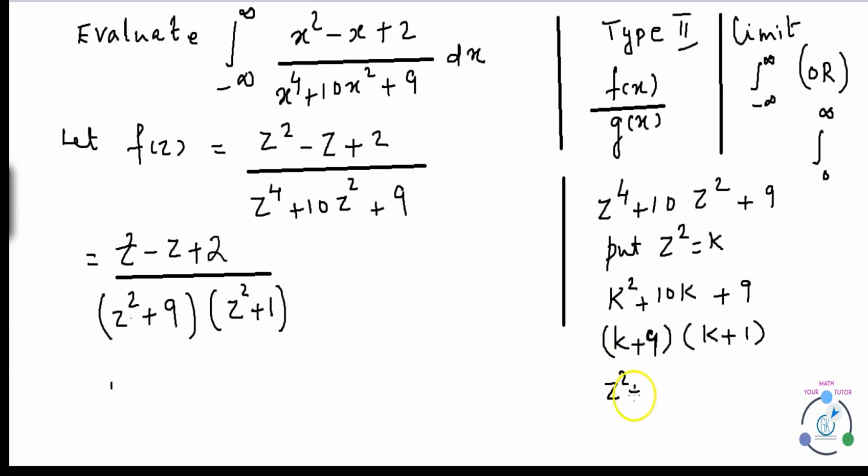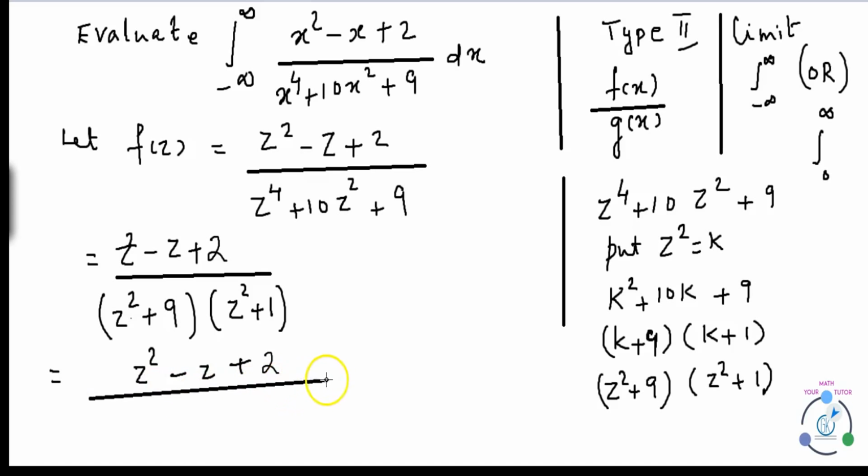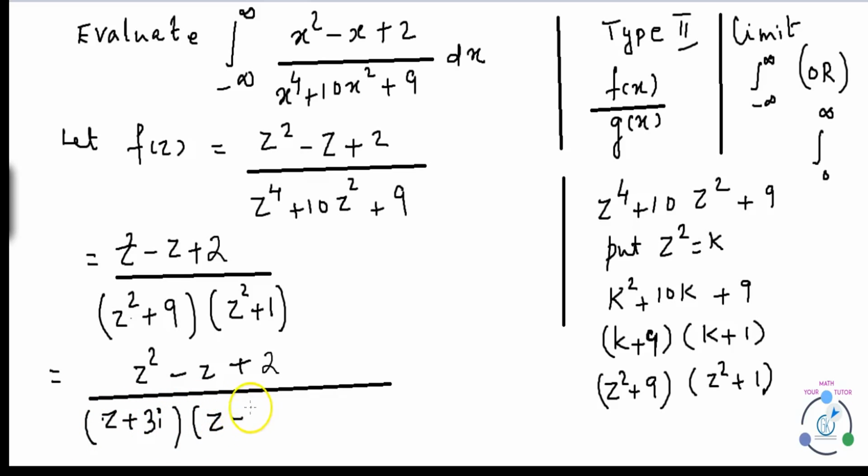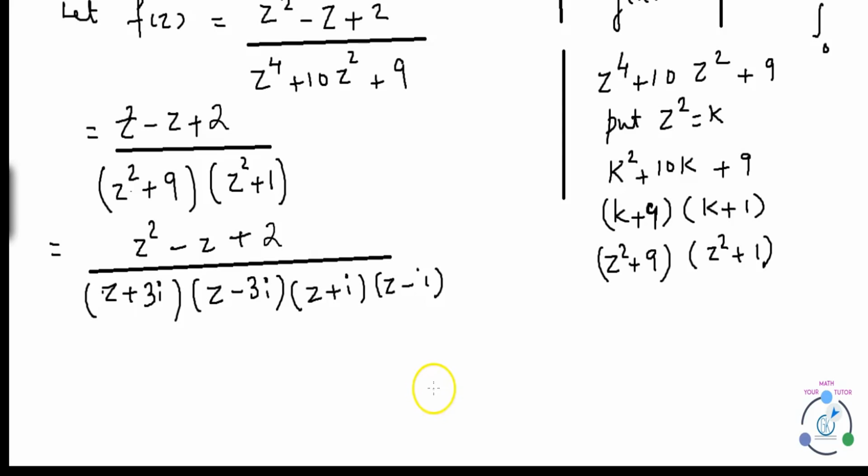Replace k with z square, then k plus 9 becomes z square plus 9 and k plus 1 becomes z square plus 1. Z square plus 9 is (z plus 3i) into (z minus 3i). Z square plus 1 is (z plus i) into (z minus i).